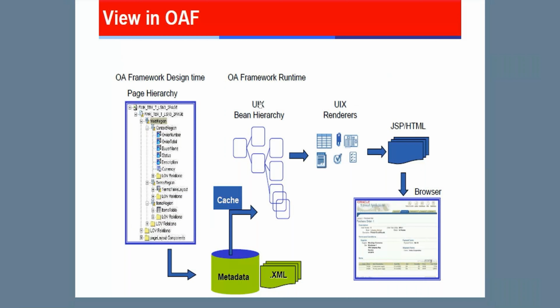So on the left side, the page hierarchy is the hierarchy we see the way we see in the JDeveloper. It has multiple components, but you are seeing them as a single hierarchy, in a single format.